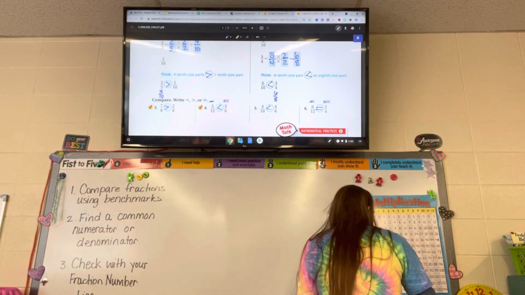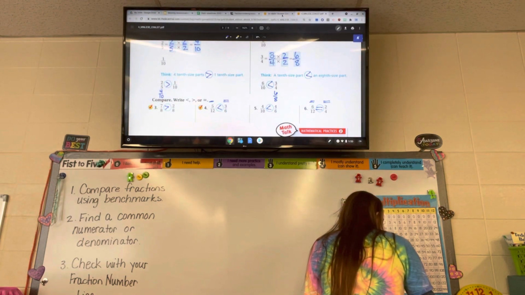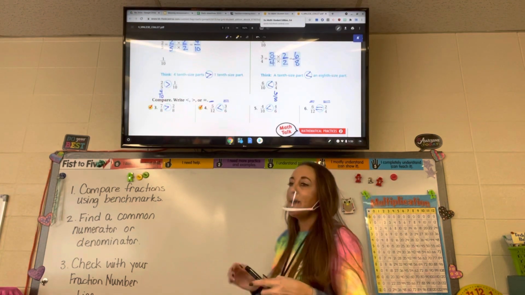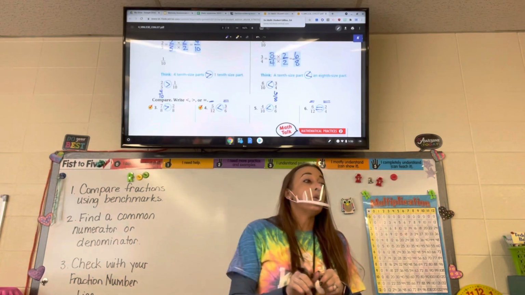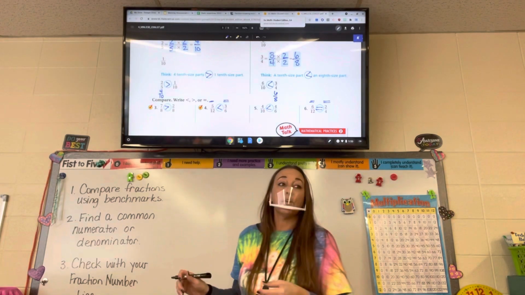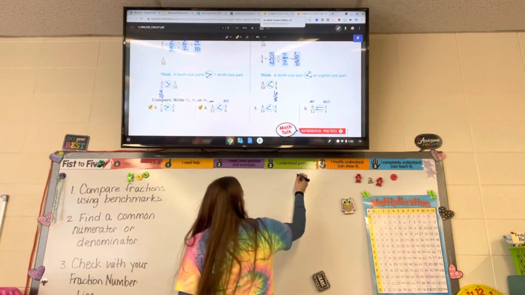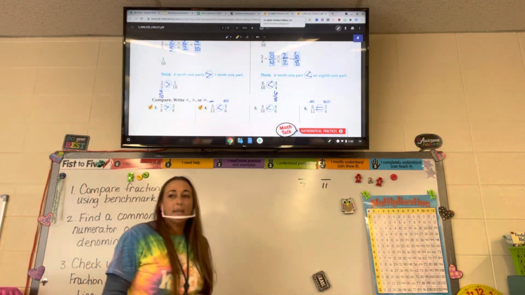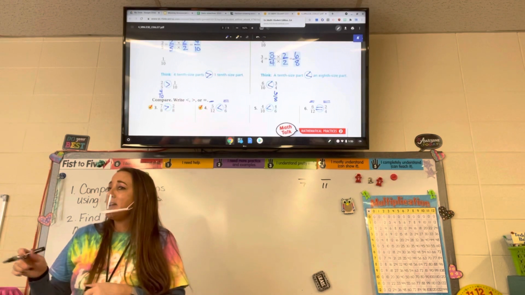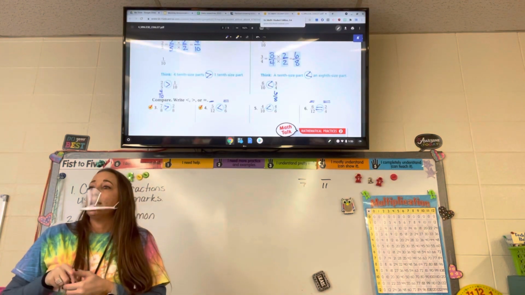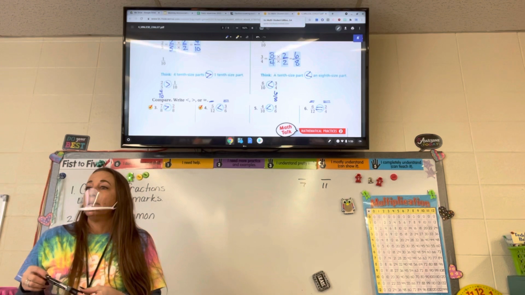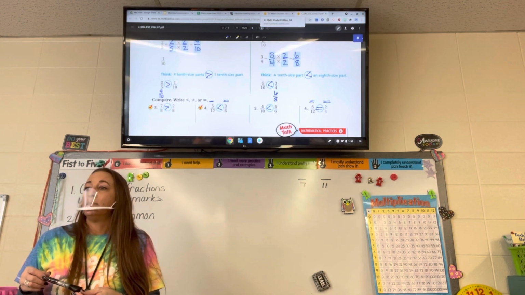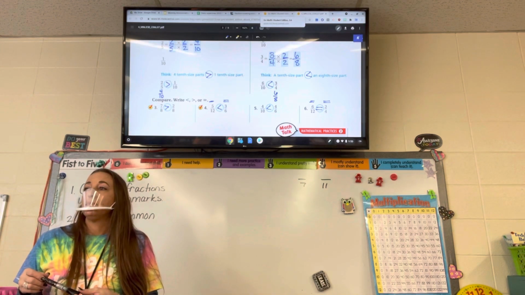Okay, and then we're going to check them on our fraction number line. Oh, by the way, guys, on the fraction number line, the only 2 denominators that aren't there are 7th size pieces and 11th size pieces. But I don't think any of the problems have those today. Yes, Waylon? How come we did the same for every problem except for this one?